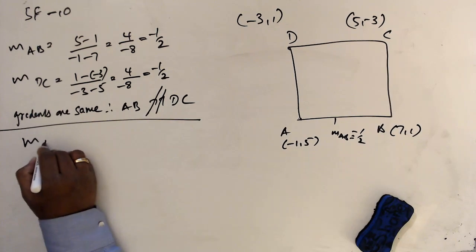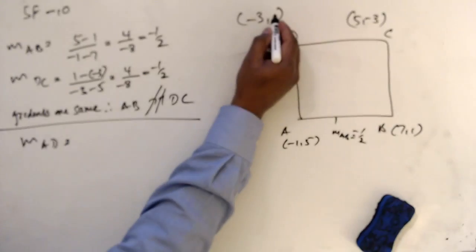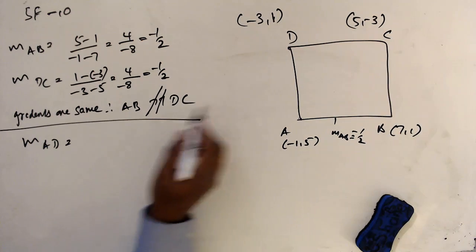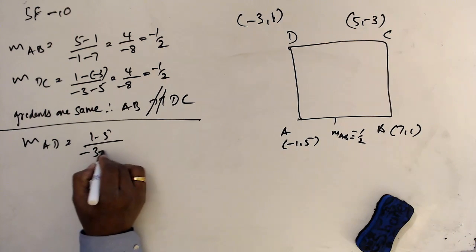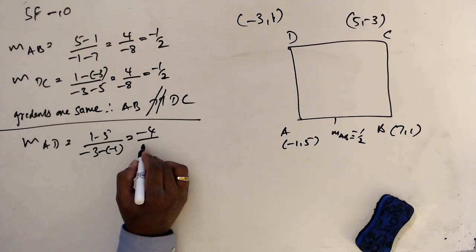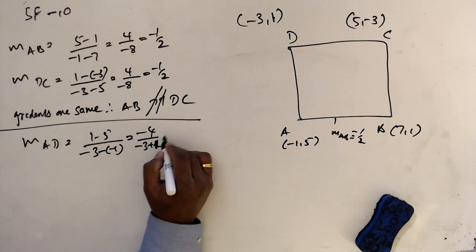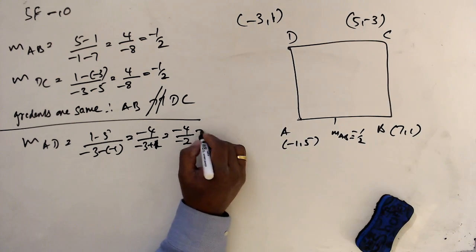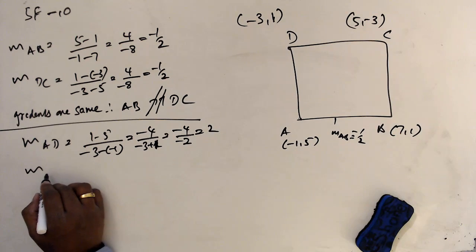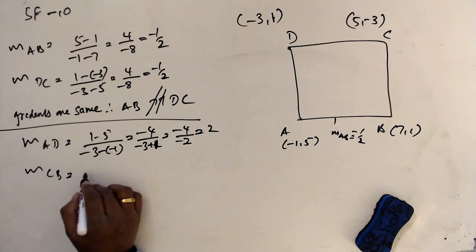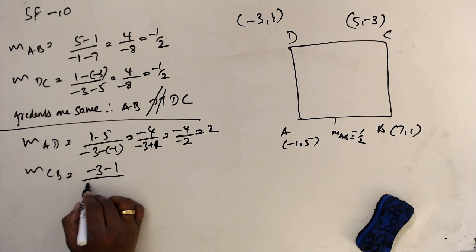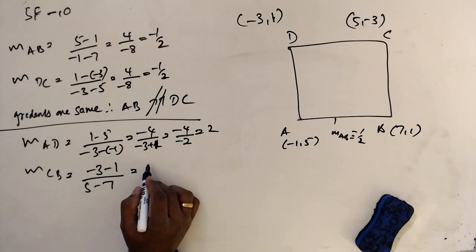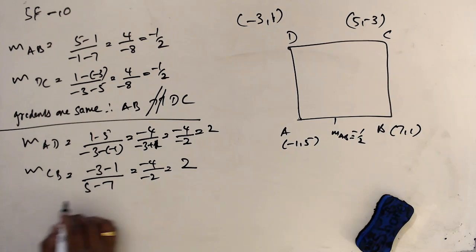Then mAD: 3 minus 1 over... 1 minus 5 over minus 3 minus 1, which is minus 4 over minus 2, which is 2. mCB equals minus 3 minus 1 over 5 minus 7, so this is minus 4 over minus 2, which is 2.